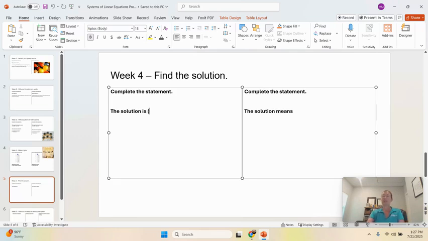So my solution, I'm going to write as an ordered pair with parentheses and the comma. And then I want to show what this means.